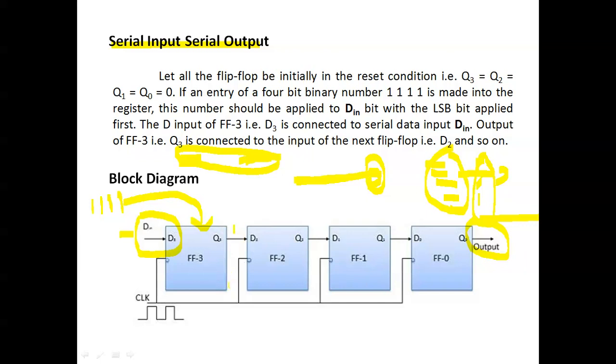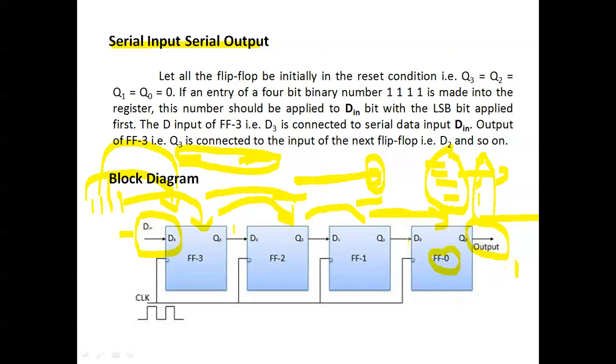But we don't yet see the output, because the output is here. On the next clock pulse, this one comes here and the second one comes here. On the third clock pulse, this one will be here, this one here, and the third one here. On the fourth clock pulse everything moves along like that, and the last bit comes here. After the fourth clock pulse only, we see the output of this flip-flop, so we see only one number one.